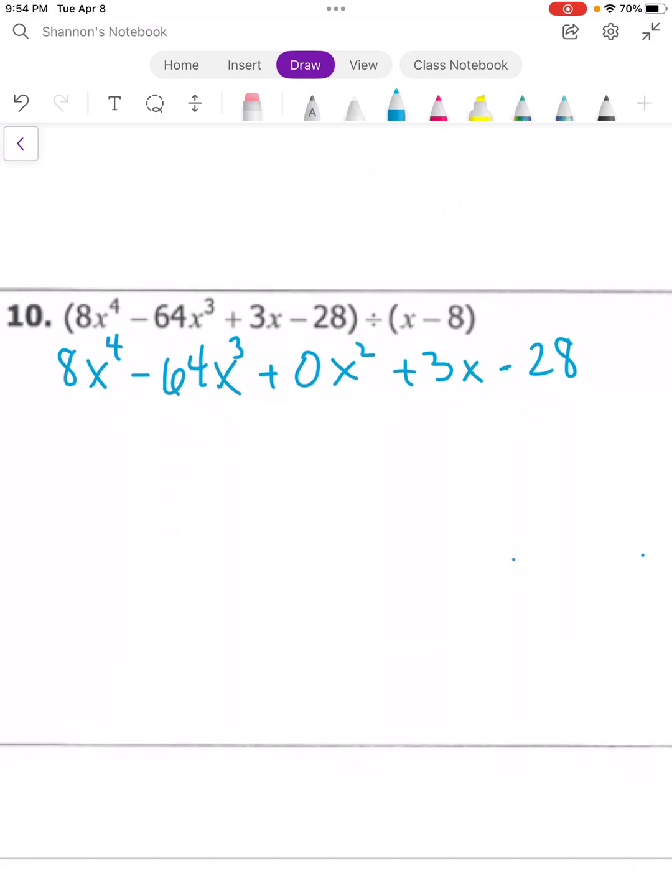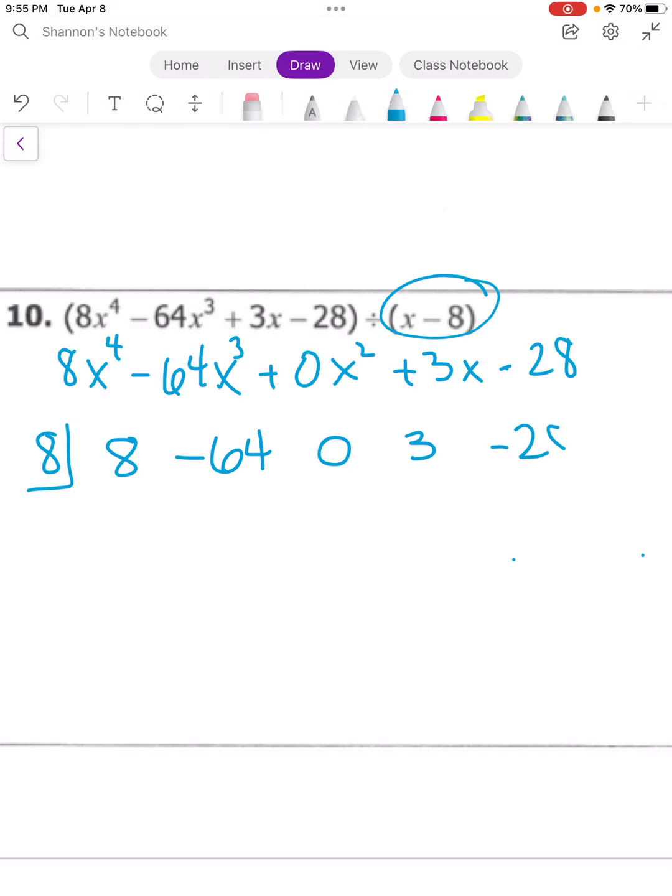So I'm going to put the 8 from over here, what I'm dividing by, in the box. And then I can use these coefficients, making sure I include that 0. So you always just want to check and see if there's any terms missing. I have my 4th degree, 3rd degree, my squared term, my linear term, and my constant.